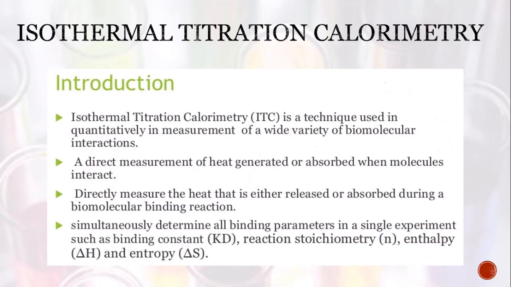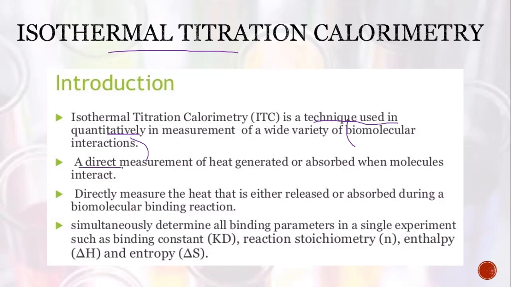So calorimetry can be divided into isothermal titration and also what we call differential calorimetry. So we look at isothermal titration as the first one. And in this ITC, it is a technique that is used to quantitatively measure a wide variety of biomolecular interactions.